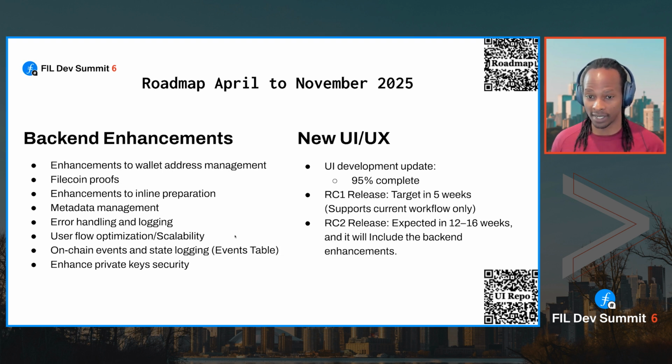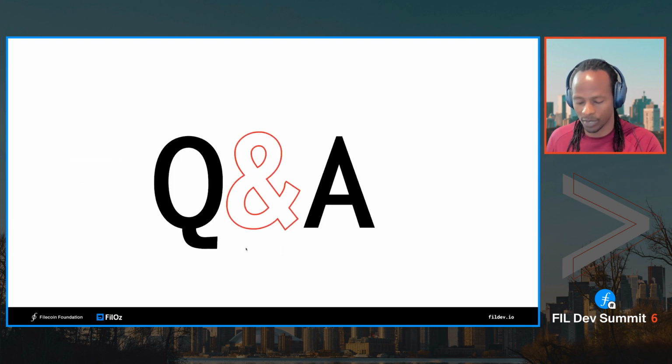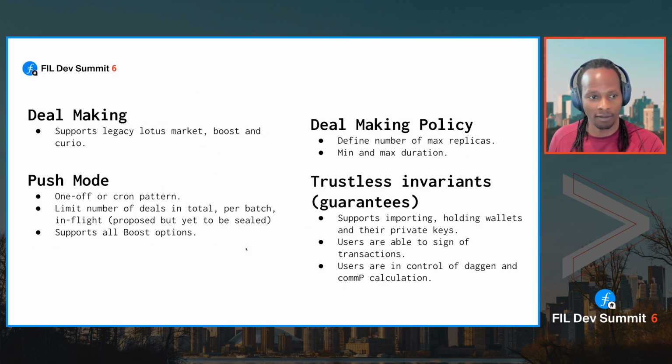There's something very important under this slide. I didn't spend some time talking about trustless invariants here, the guarantees. Right now, there's support for the capability to import your Filecoin wallet address and its private keys and manage it within Singularity, which is very useful, so you can sign off these transactions.